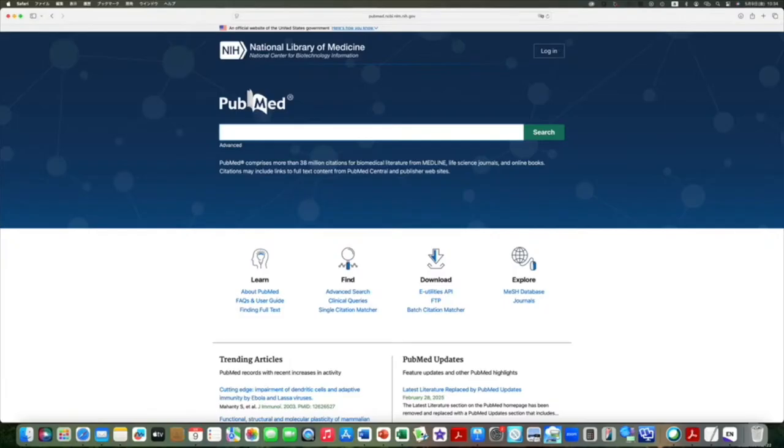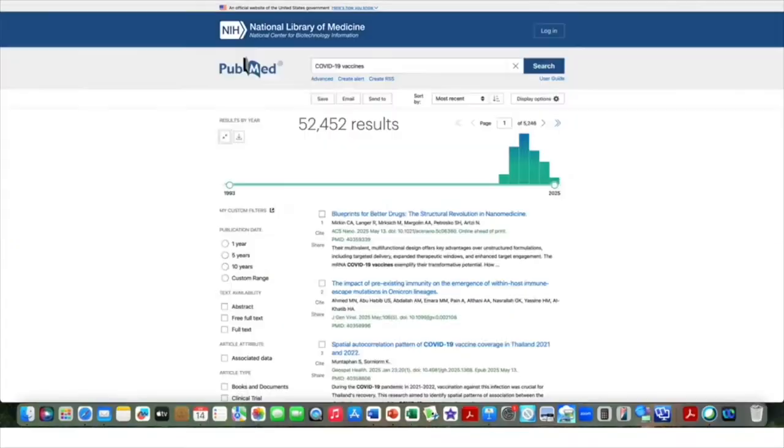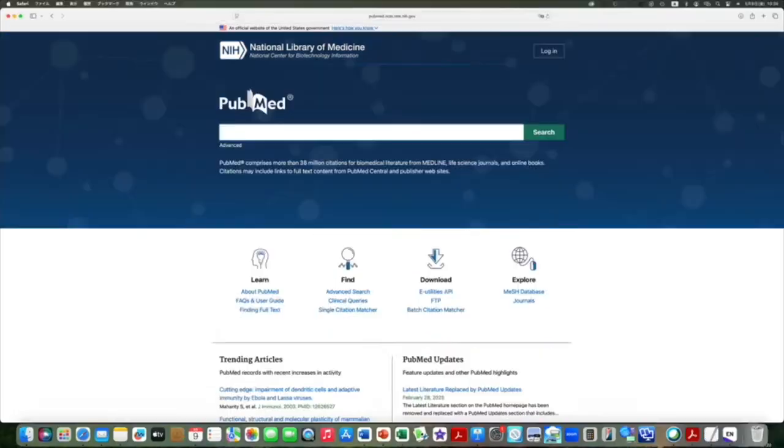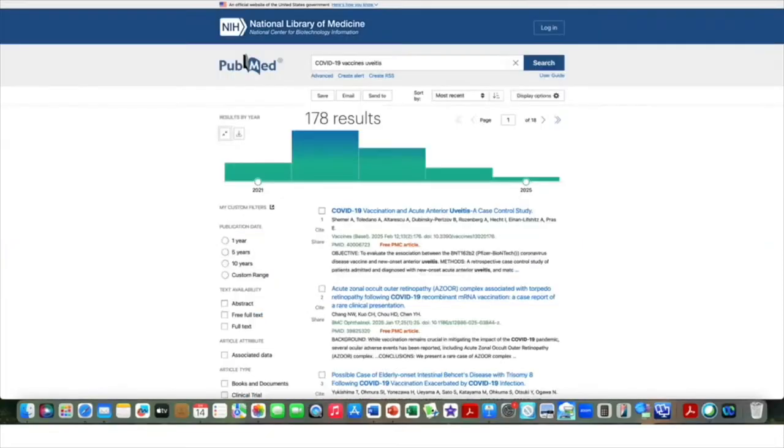Entering COVID-19 vaccines into PubMed yields 52,000 results, which is one order of magnitude less than the 450,000 hits for just COVID-19. Furthermore, searching for COVID-19 vaccines and uveitis results in 178 hits.